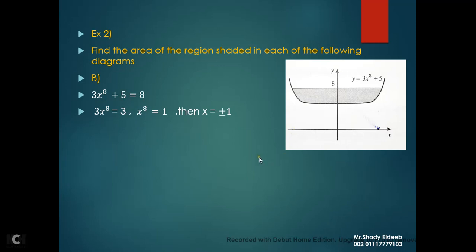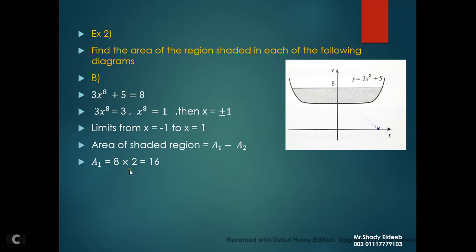Now we know the limits: from x equals negative 1 to x equals 1. And the area of the shaded region is a1 minus a2. a1 is a rectangle. If we subtract a2, which is the area under the graph, from this rectangle, we will get this region.